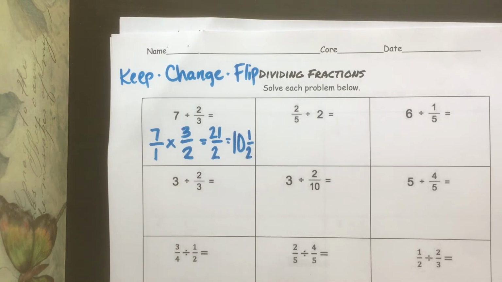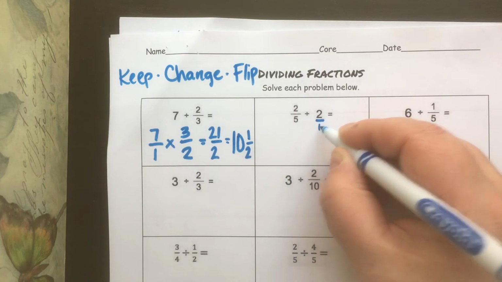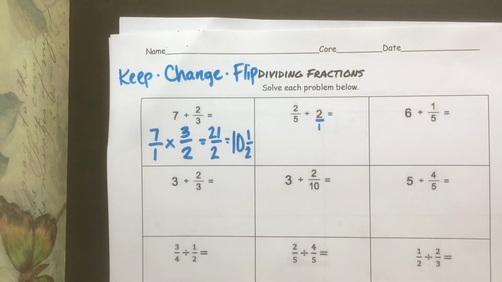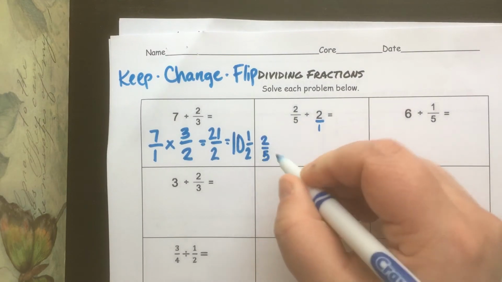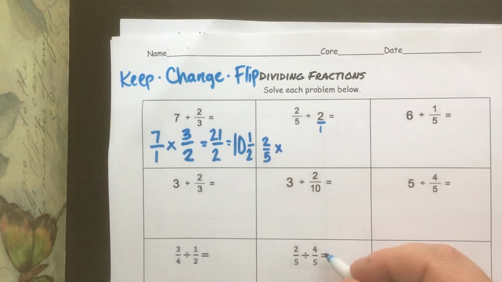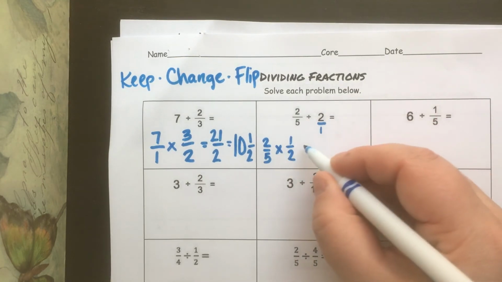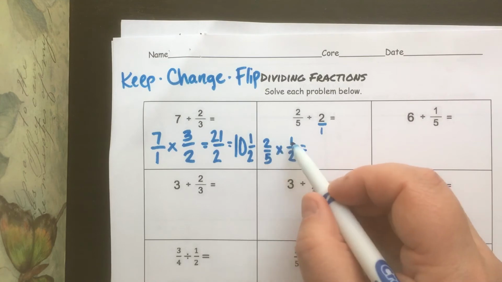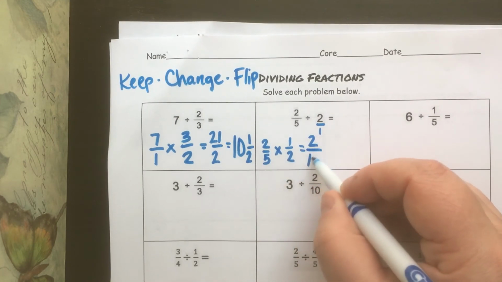All right, let's do the next problem. 2/5 divided by 2. Okay, this, remember, whole numbers go over 1. Okay, 2 over 1. Keep the first fraction. Change the operation to multiplication and flip the second fraction. Now multiply. 2 times 1 is 2. 5 times 2 is 10.